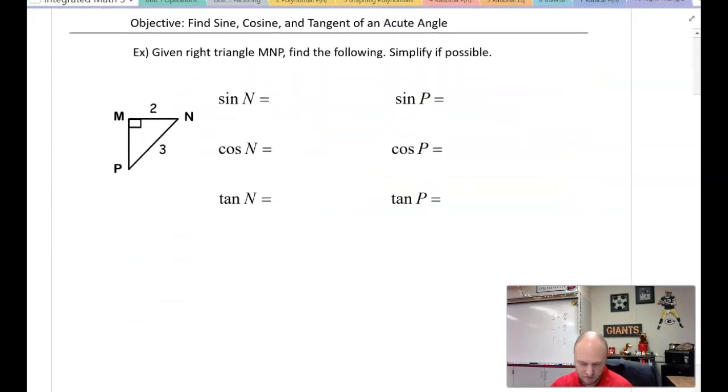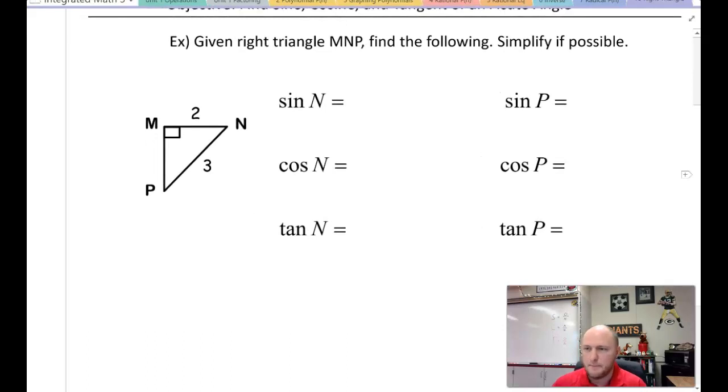Next example. Okay, so in this example, again, we want to find sine, cosine, and tangent. I need to find this side, so I'm going to utilize the Pythagorean Theorem. X squared plus 2 squared is equal to 3 squared. And again, I know that 3 is the hypotenuse, so that has to be by itself. Okay, and going ahead and solving this, x squared plus 4 is equal to 9.